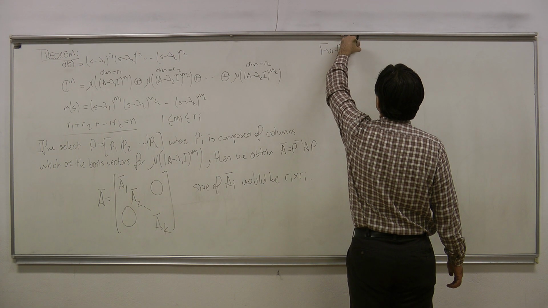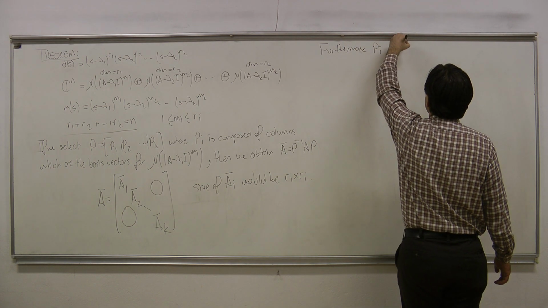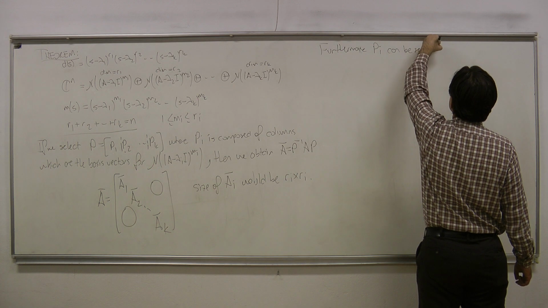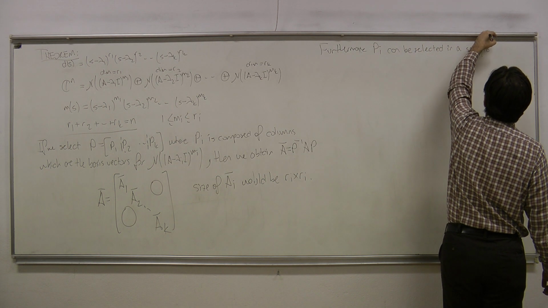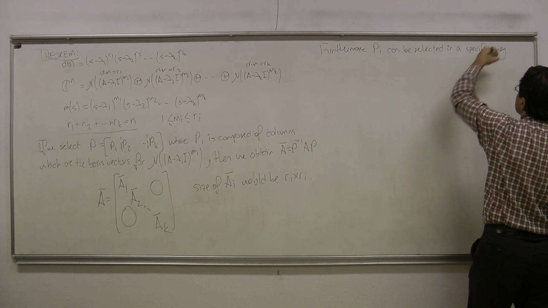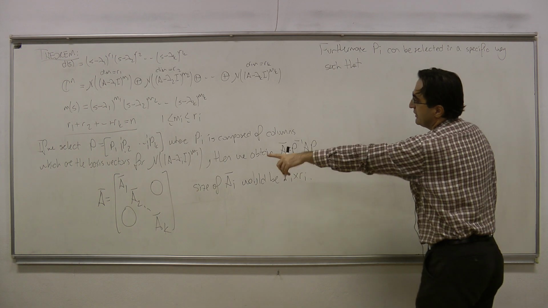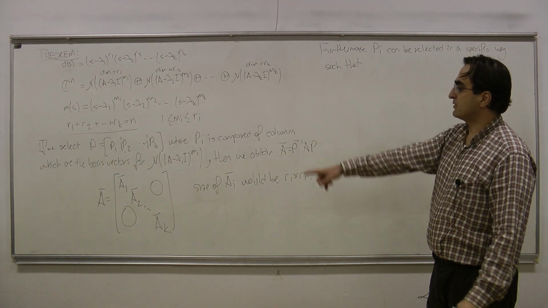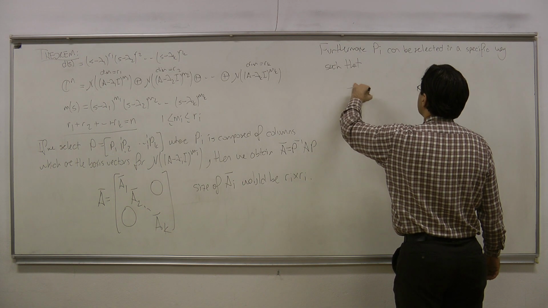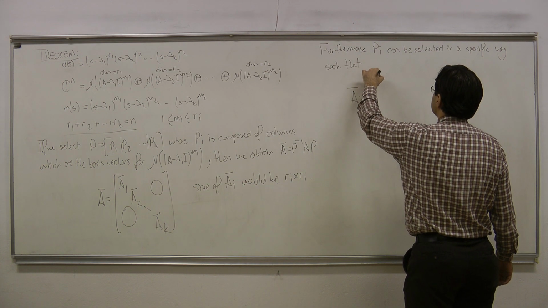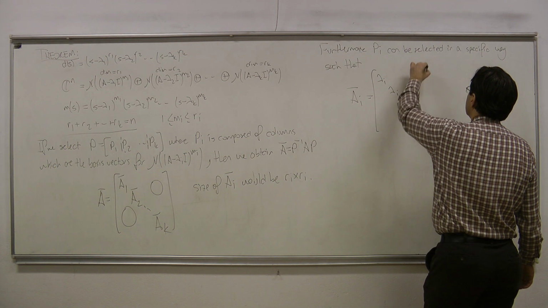Furthermore, Pi can be selected in a specific way such that these sub-blocks A i bar have the following form. A i bar would be in the following form: lambda i going until the end.